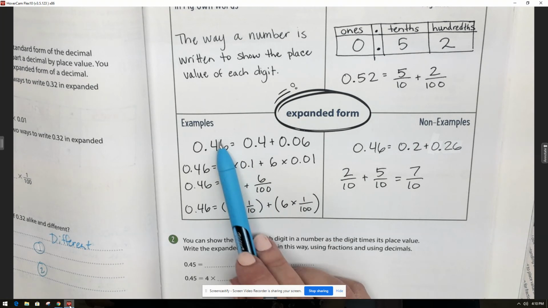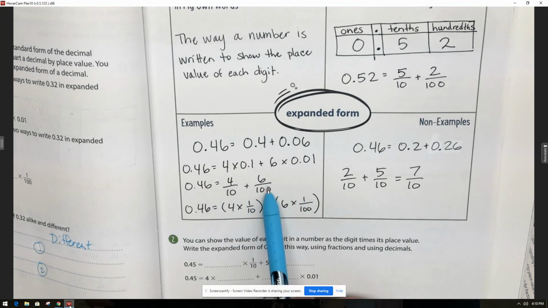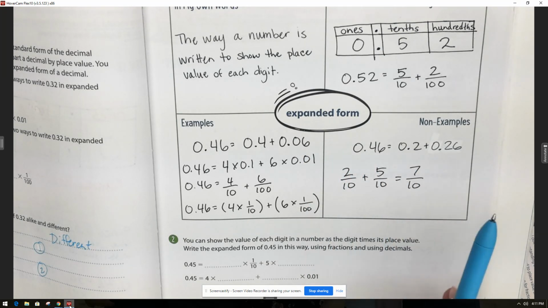Expanded form keeps the same digits and uses them to break apart the number into understanding the place value. Another non-example would be 2/10ths plus 5/10ths equals 7/10ths. This is adding fractions. That is not expanded form of writing decimals.